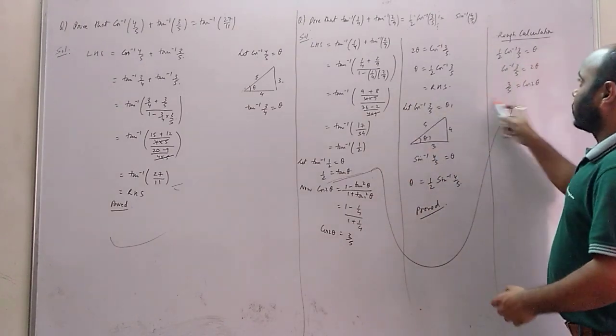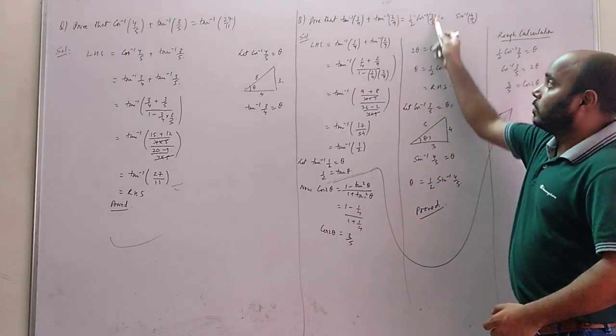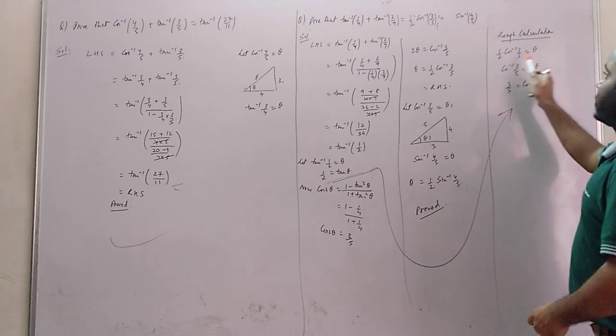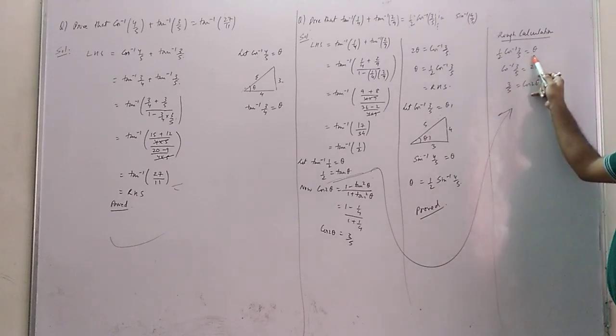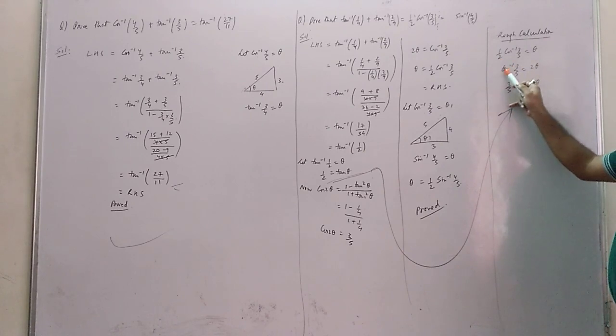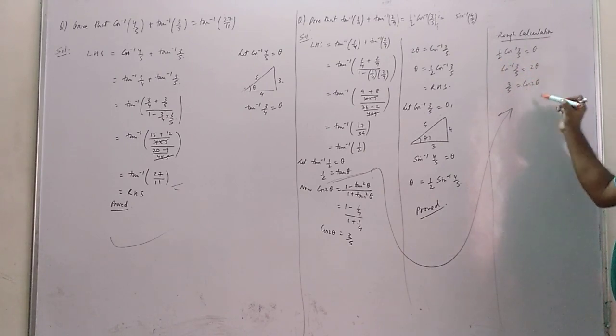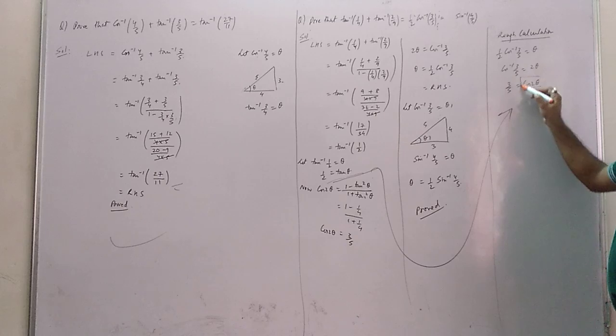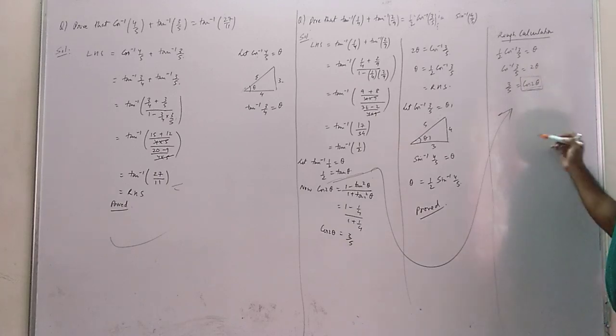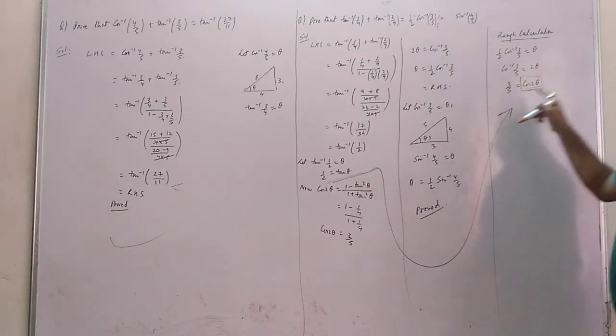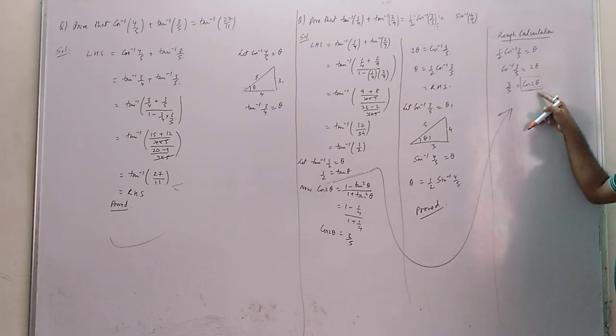That is what we have to prove. Now shift the terms. First the 2 will shift, then the cos will shift, so we get cos 2 theta. That means using the tan theta value, we need to calculate the cos 2 theta value.